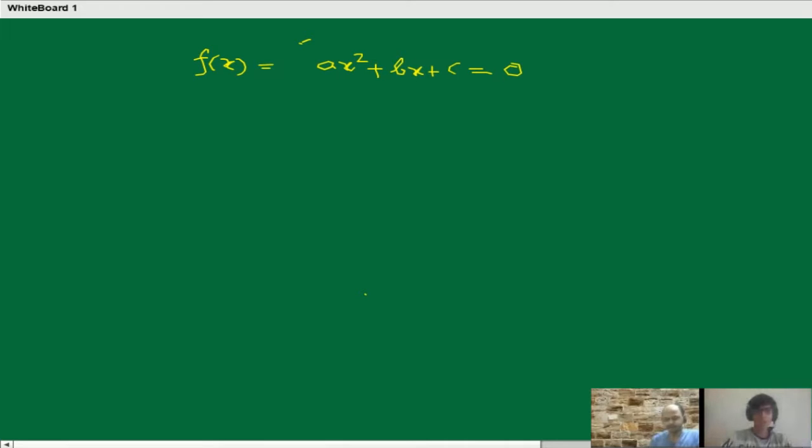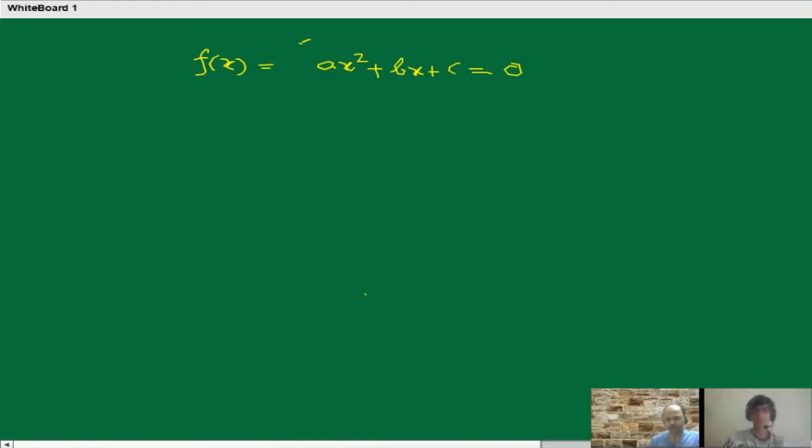And then we would have to solve it by finding two numbers that add to get b, and those two numbers would have to multiply each other to get c, and then we can form the equation.